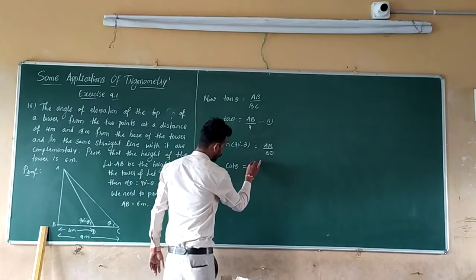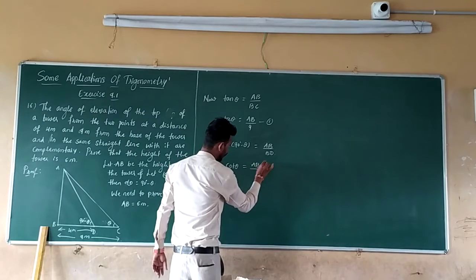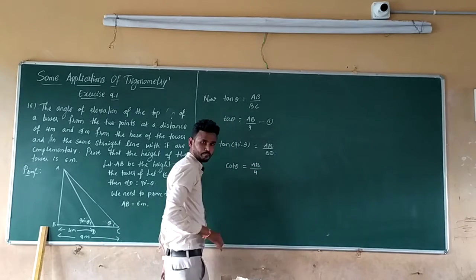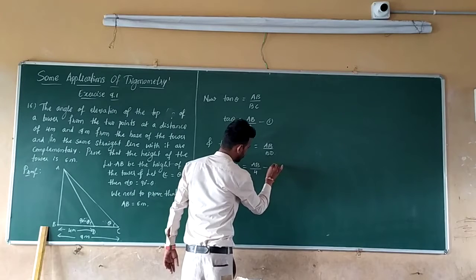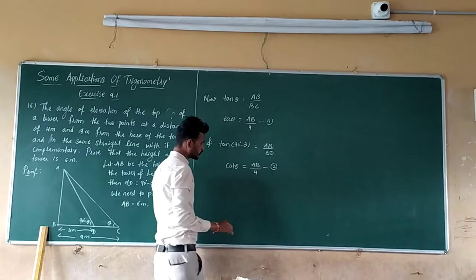So cot theta equals AB divided by BD, which is 4. Let us take this as equation 2.